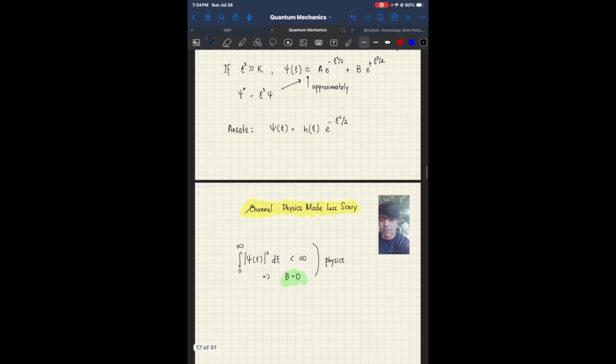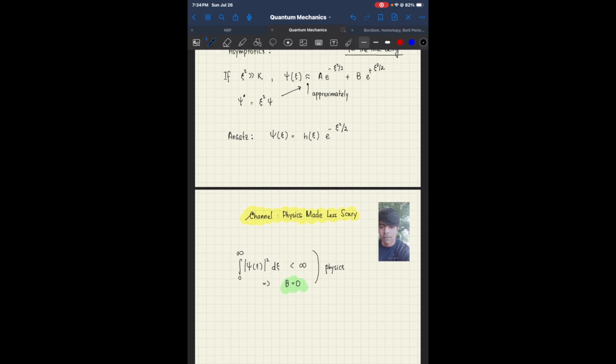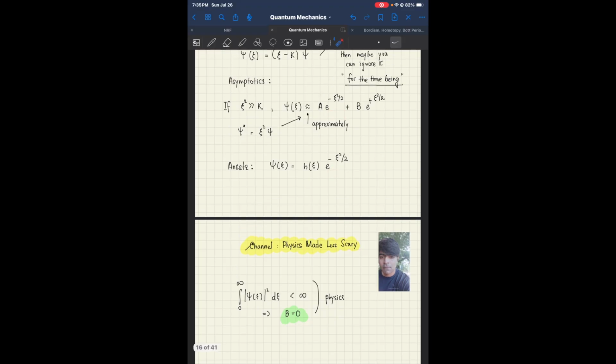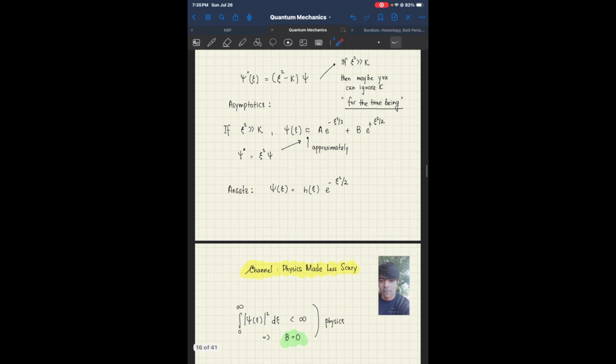Okay, then what did we do? Well, you argued that you are going to kill off this mode, so you are left with some constant times this e to the minus xi square, right? So this guy is here, and you are assuming that the ansatz for you is that the full solution, which had a k, is of this kind, by introducing a function of xi.